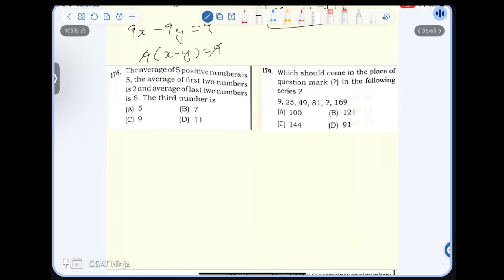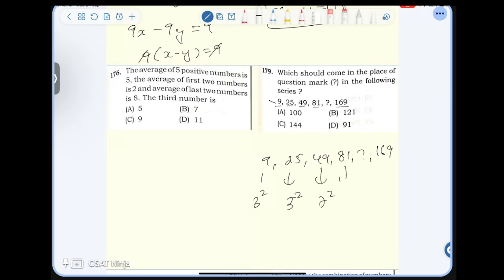On average we have done, so I'll leave number series. You have 9 here, 25 here, 49 here, 81 here. Look here: 9, 25, 49, 81, question mark, and 169. 9 is how much? 3 square. 25 is 5 square. 49 is 7 square. 81 is 9 square.